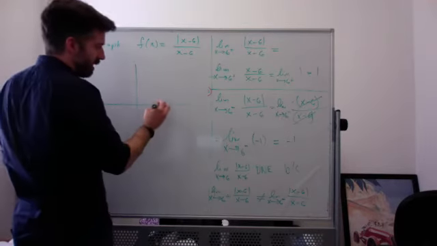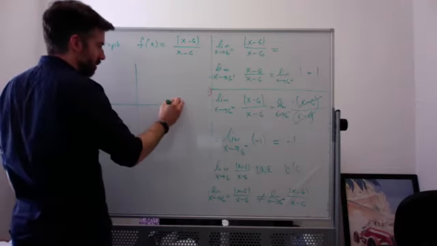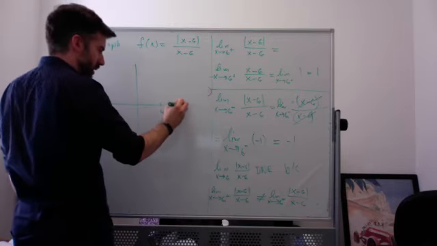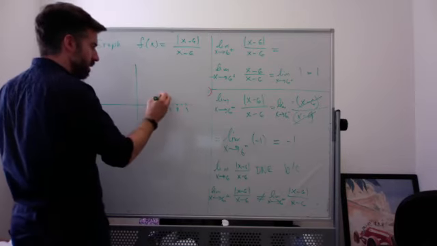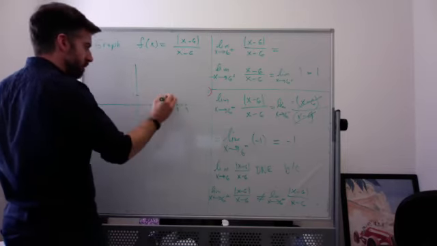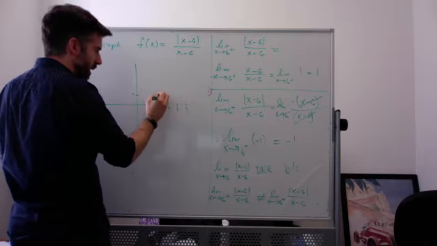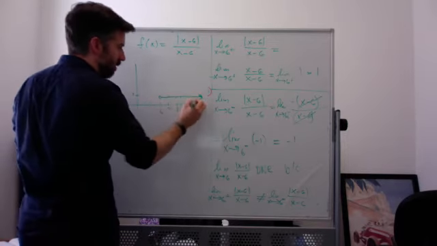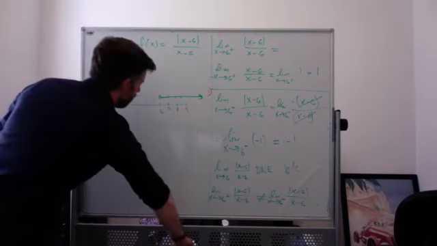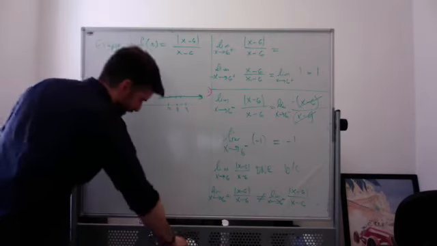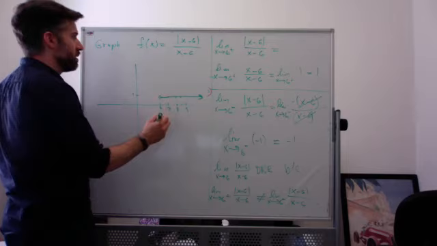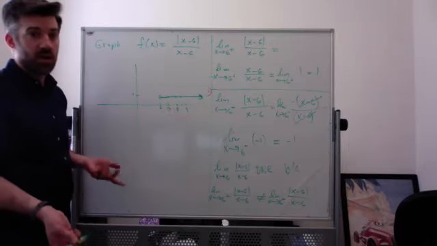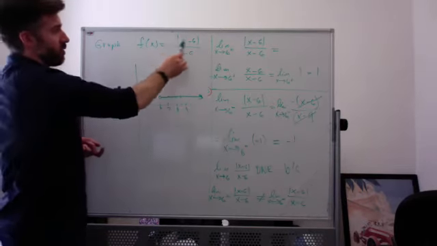So if you pick anything bigger than 6, like 7 or 8 or 9 or 8.2 or whatever, you're going to get 1 for each of those. In fact, anything bigger than 6 is going to give you a y value of 1. On the other side of 6, if I pick something like 4, what are you going to get when you plug in 4 to the top?